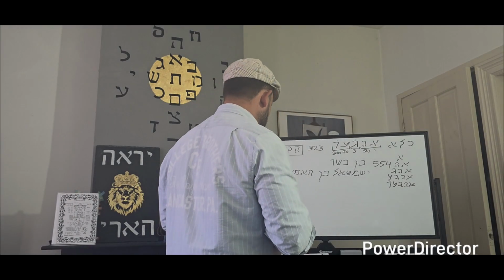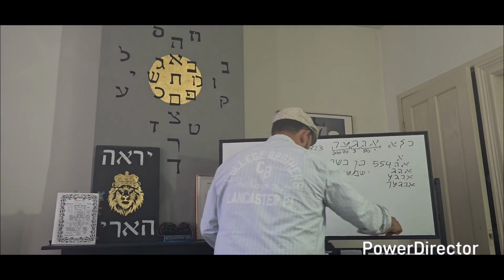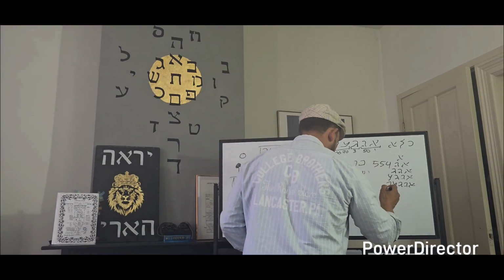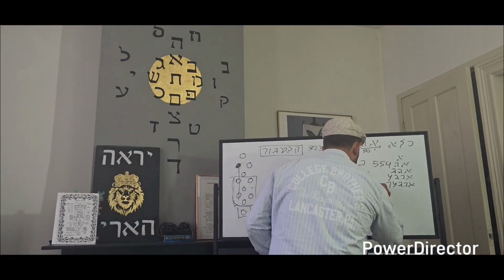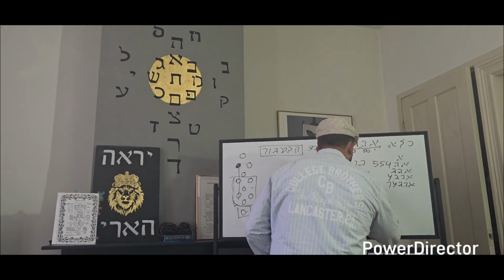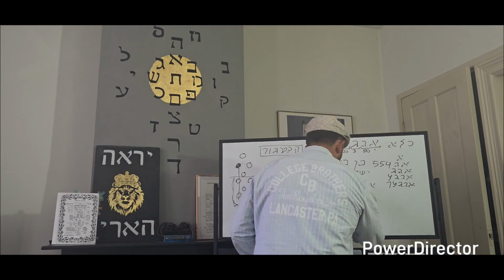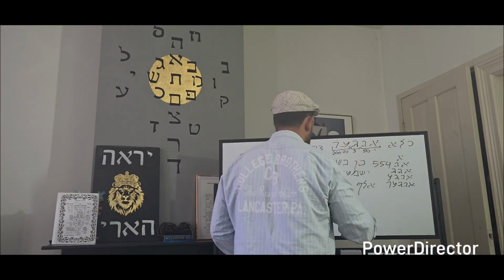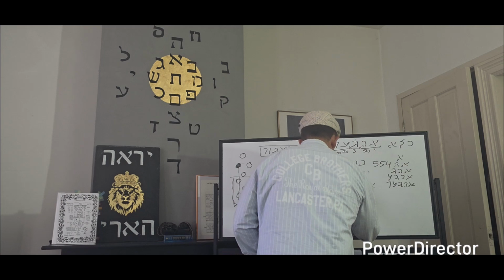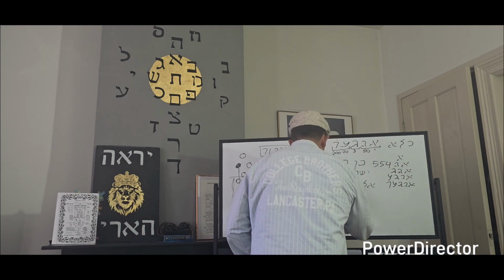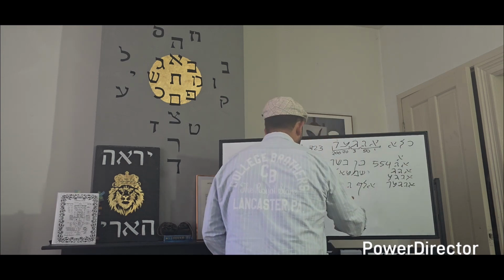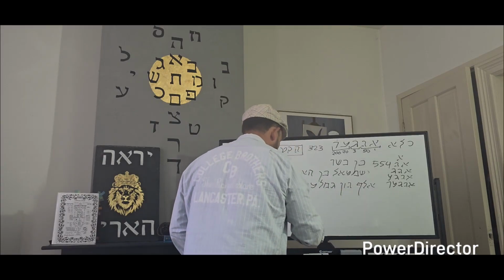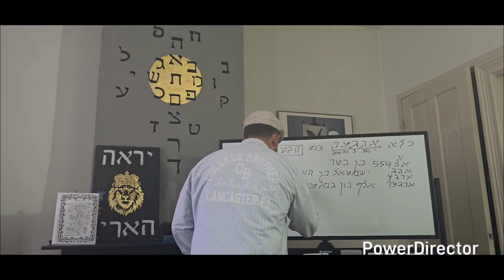Now, the next interesting thing is when we expand it in the Milui, and that's as such: Aleph, Nun, Gimel, Ayin, and Reish.